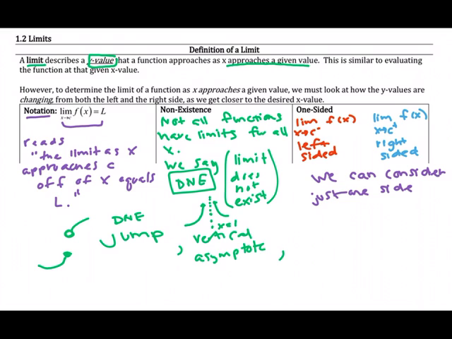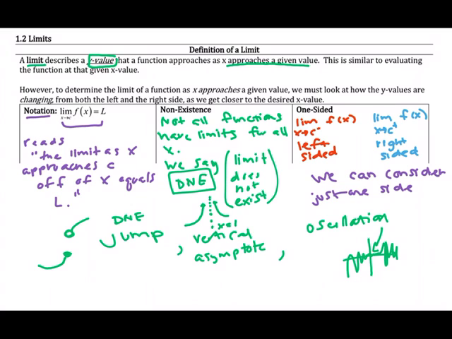And the last reason that the limit may not exist is if our graph has an oscillation happening, meaning that if you actually looked at the graph of the function, when you're getting really, really close to something, you can't tell what's happening because it's moving so fast, or it's going back and forth between a handful of things. A great example of this is the graph of sine of 1 over x.